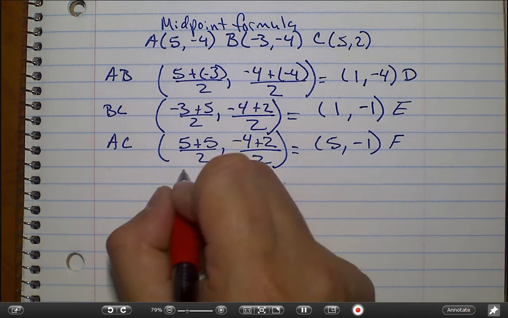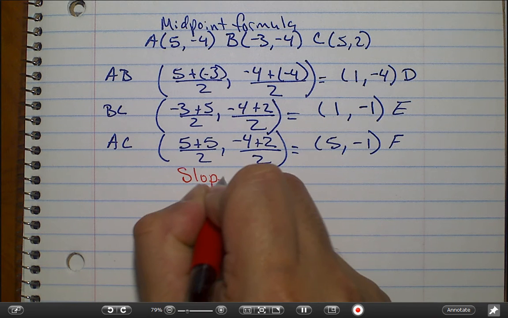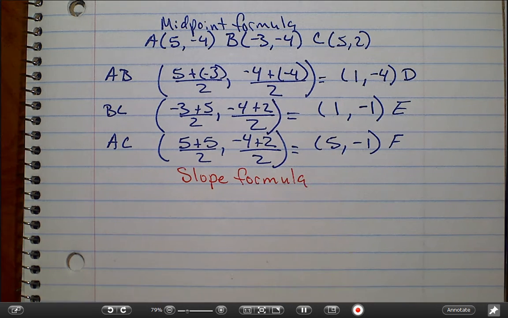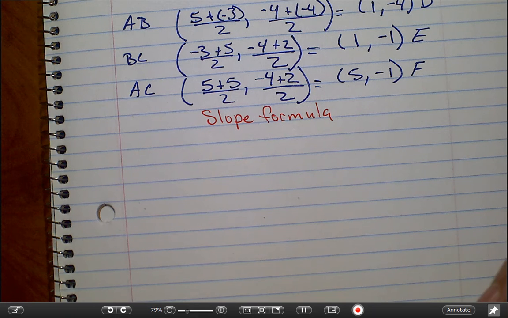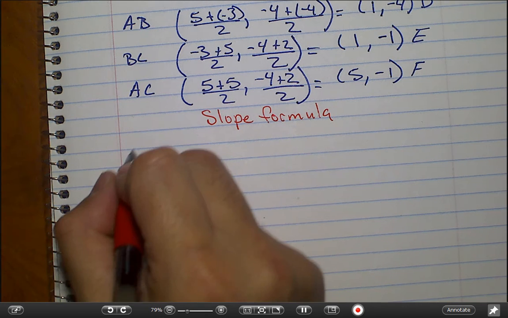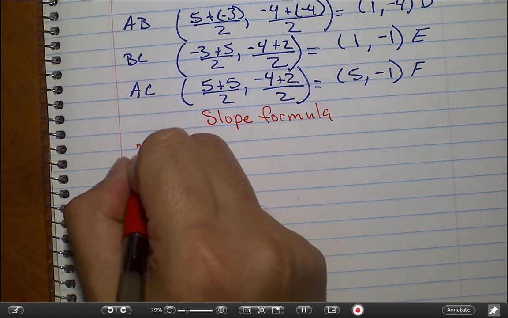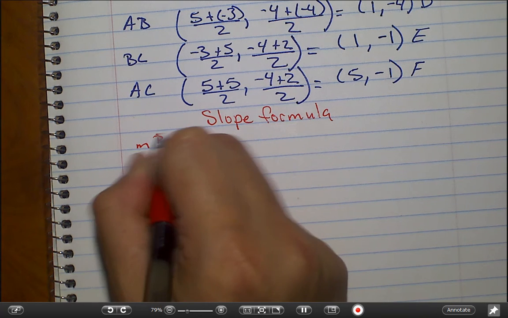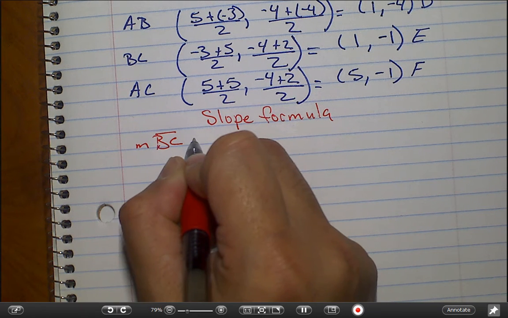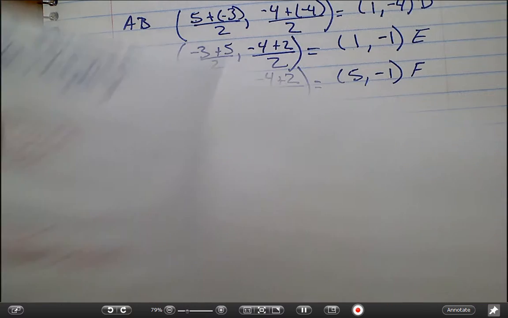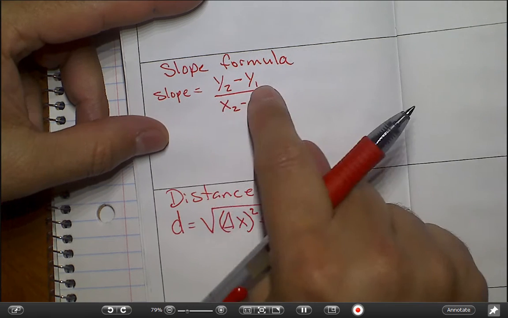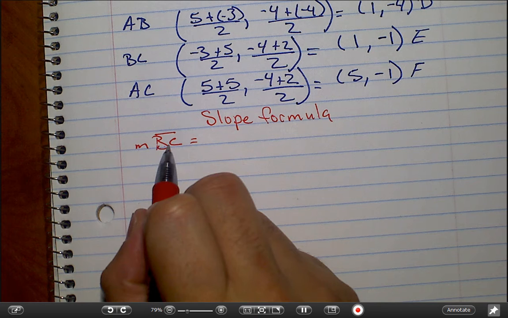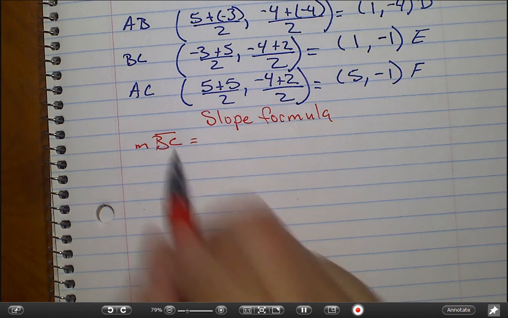So for my slope formula, I have to do BC. So the slope of BC is going to be, using my slope formula, y2 minus y1. So BC, what is my second point in this?